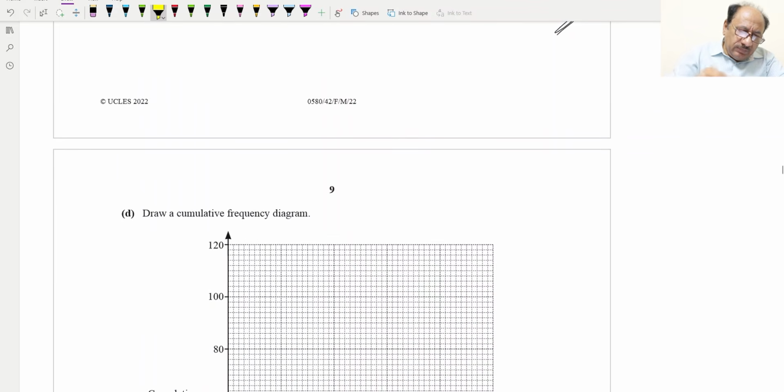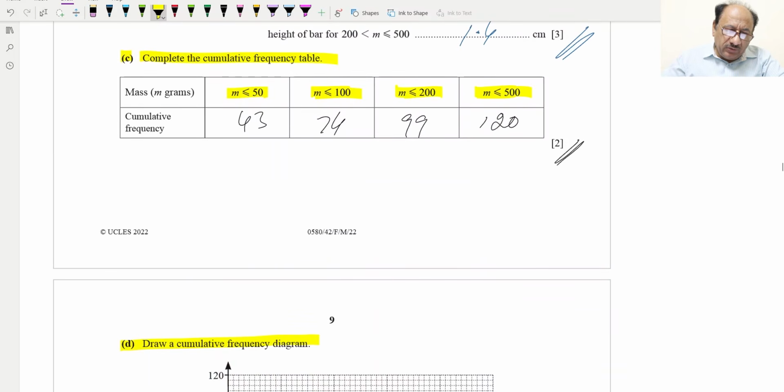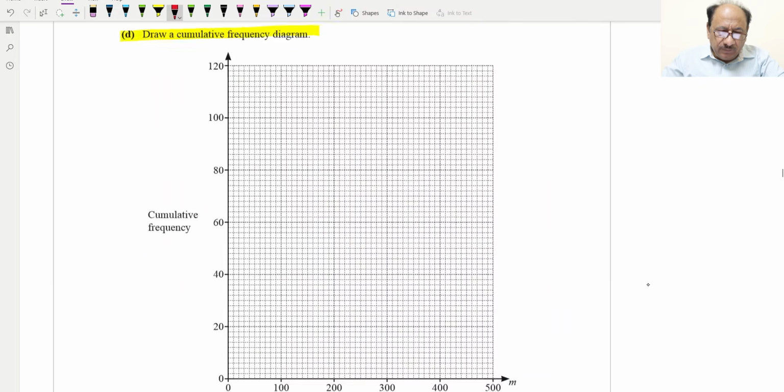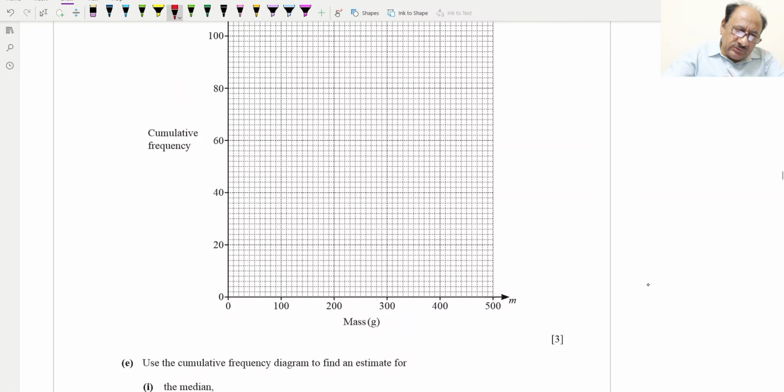Now they are saying D part, draw the cumulative frequency diagram. To draw the cumulative frequency diagram, our first value is basically this one, which is 43 and 50. We will take 50 from this side, 1 2 3 4 5, so 50 will be here, and 43 will be from here.